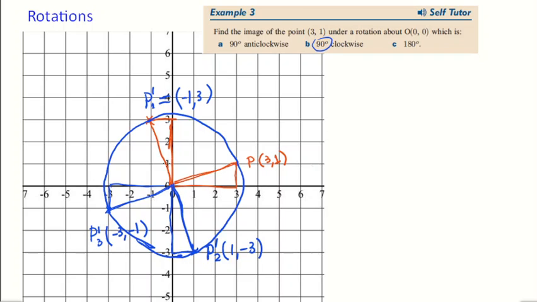The only thing is that we're only going to deal with rotations of 90 degrees or 180 degrees. And when we say 90 degrees clockwise, that's the same thing as 270 degrees anti-clockwise, right? If you go 90 degrees to this side or 270 to this side, it's the same thing.